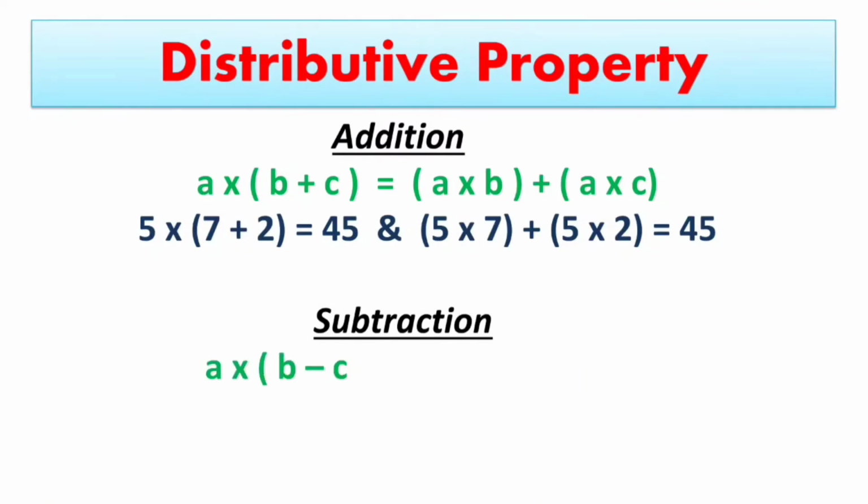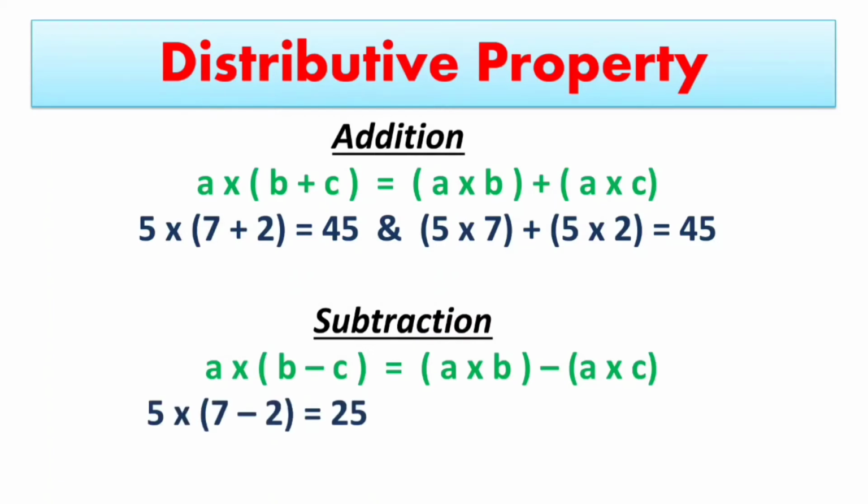This is also for subtraction, as A multiplied by (B minus C) equals (A multiplied by B) minus (A multiplied by C).